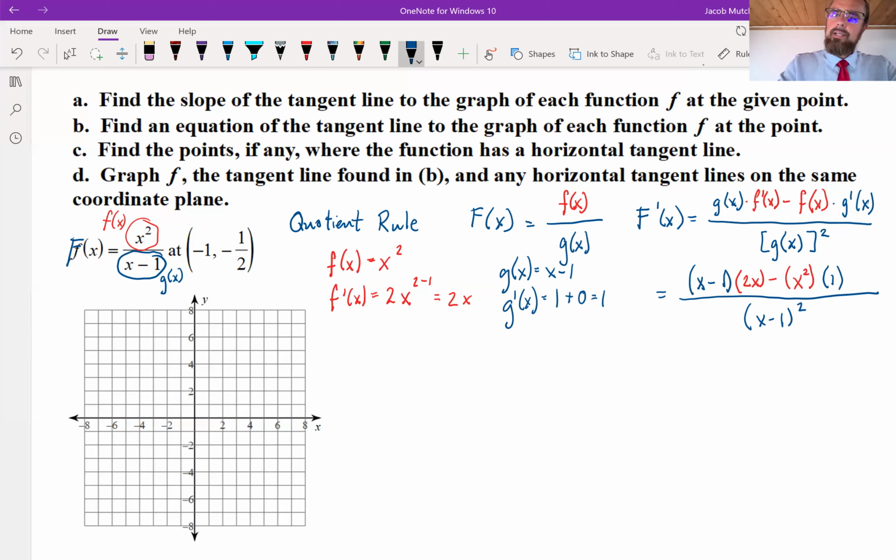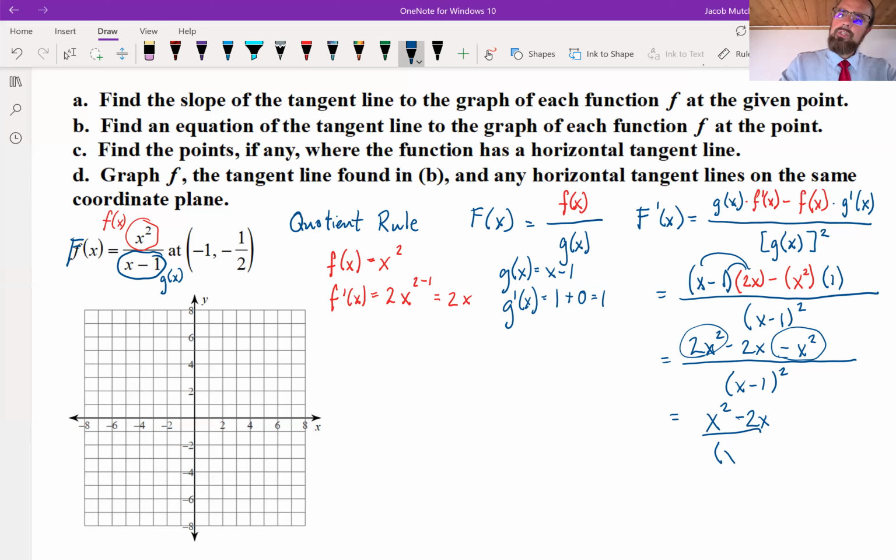Let's reduce that down. So for my numerator, what I'm going to get there when I distribute 2x is 2x squared minus 2x. And then for my second product, negative x squared times 1 is just that, minus x squared. And then if I combine like terms, 2x squared in my numerator with minus 1x squared, that's going to be x squared minus 2x over x minus 1 squared.